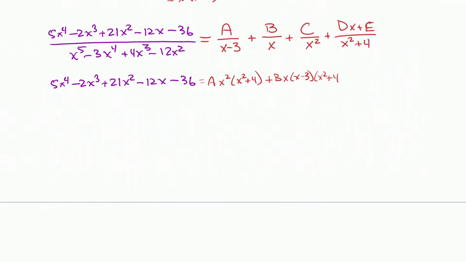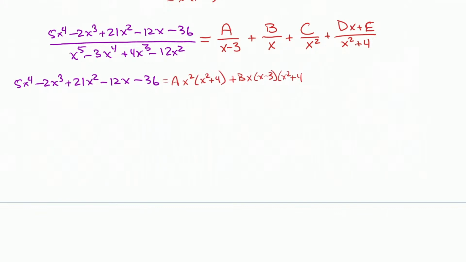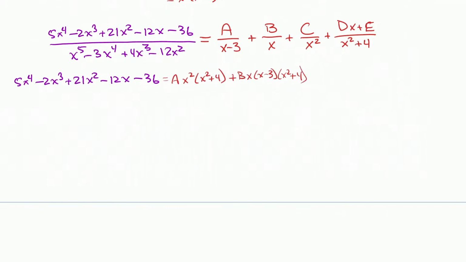Ooh, I don't have a lot of room. I'm going to move this over just a bit, because this gets kind of unruly. Okay, so let's just explain though, if I multiply by all of these, now remember, you're only going to multiply by x minus 3 times x squared plus 4, which is what this thing is. So when I multiply by that, one of the x's gets canceled with the one below the b, but the other x is still there.